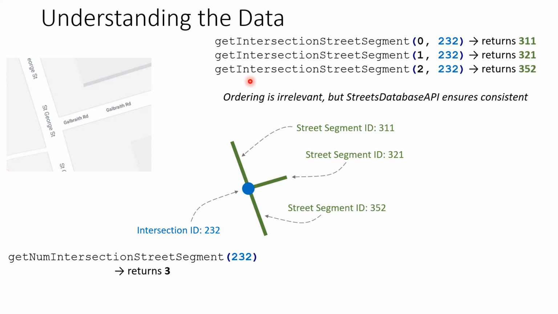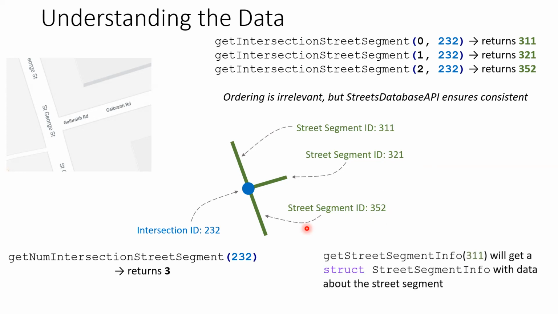Then we loop from 0 to 3 minus 1 to get all of the street segment indices: 311, 321, 352. And we can then use get street segment info of the street segment index to get the actual street segment info with data about the street segment.